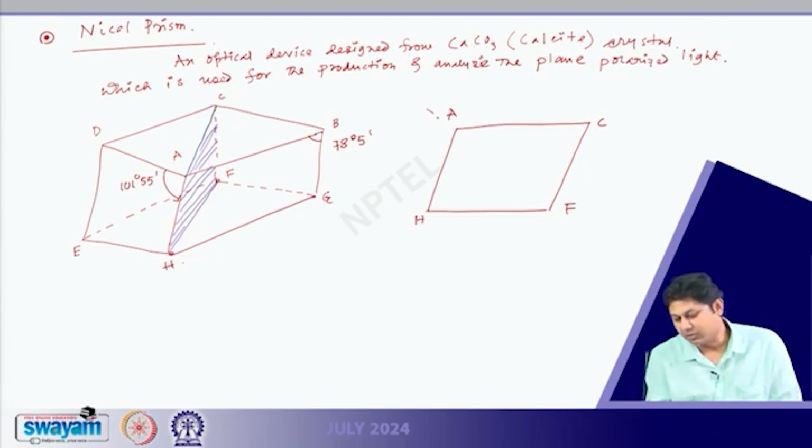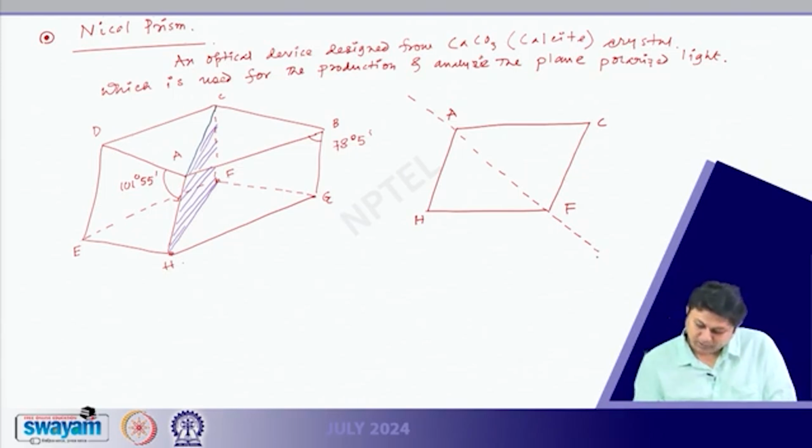If I draw a dotted line through this, this is the optic axis, and this angle is 71 degree, this angle is 71 degree, and this angle comes out to be 109 degree. This is the principal plane, that plane we are talking about.